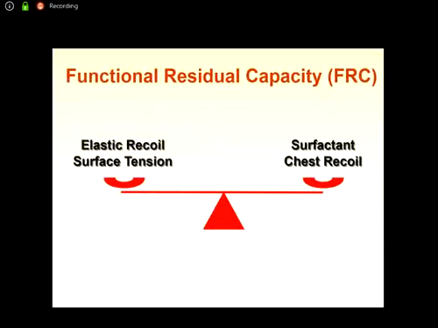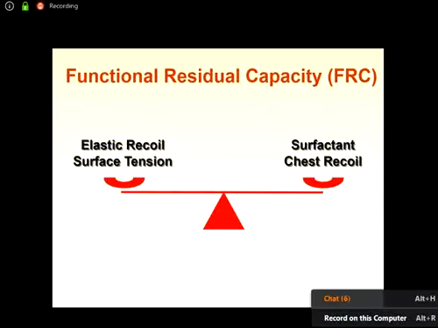The elastic recoil and the surface tension will make the lung deflate, while the surfactant and the chest recoil will make the lung expand.